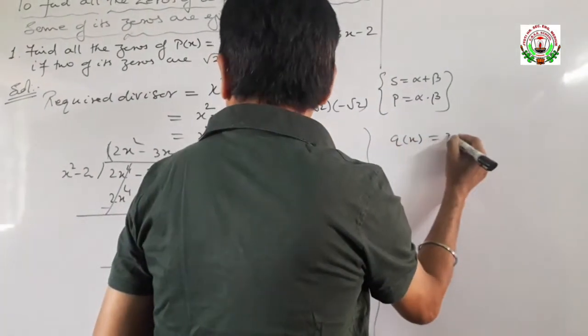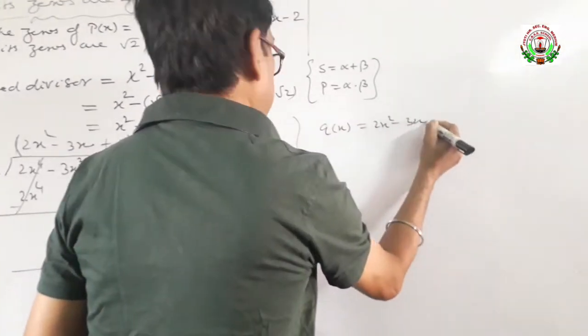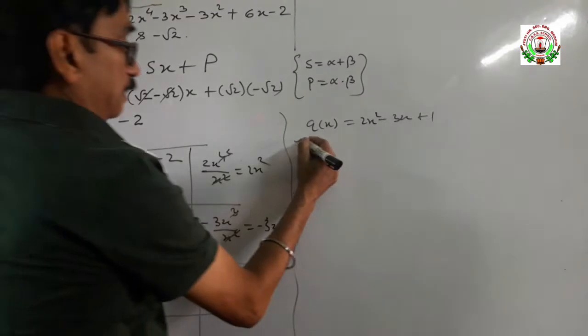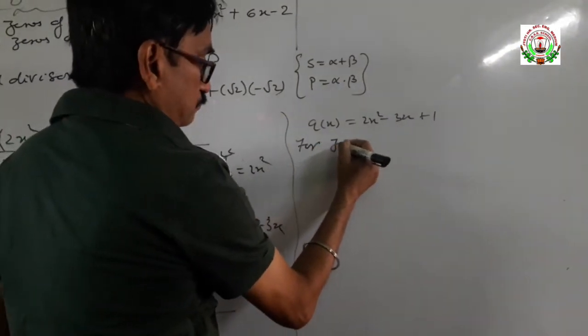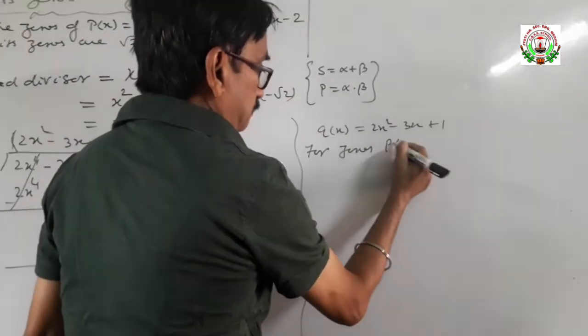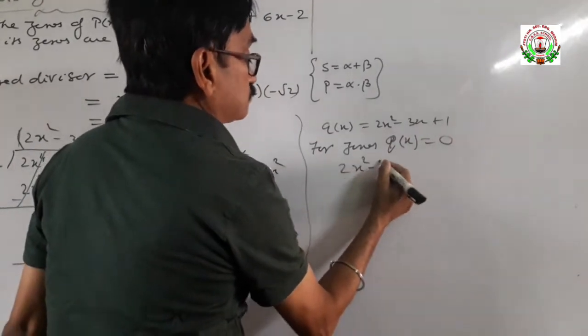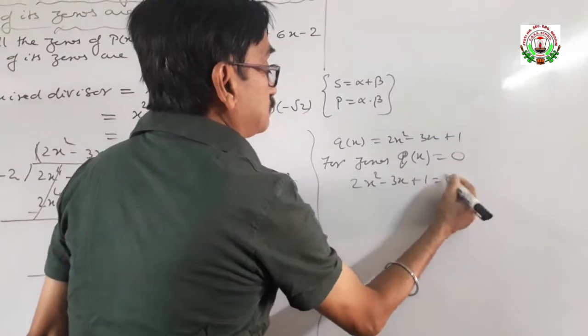For calculating its zeros, we take q of x equal to 0, that becomes 2x square minus 3x plus 1 equal to 0.